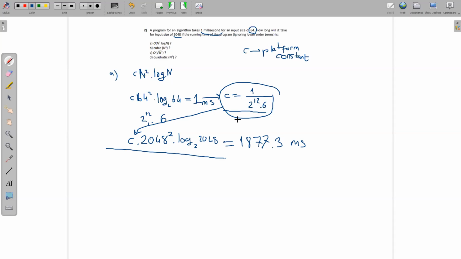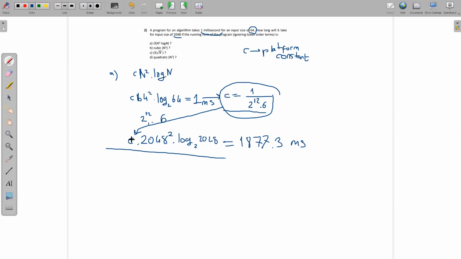But this is 1 millisecond. This time we are just keeping C and changing the n. It's kind of a ratio. If I do the whole task in 1 millisecond with this input size, how long will it take with this input size on the same computer with the same platform constant?